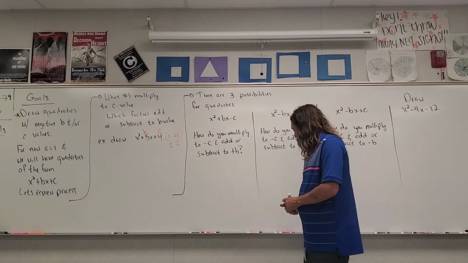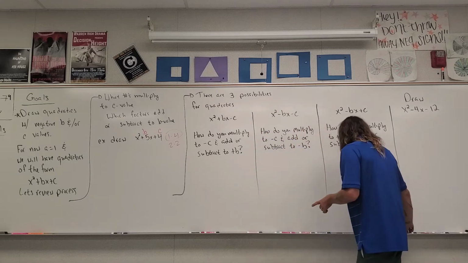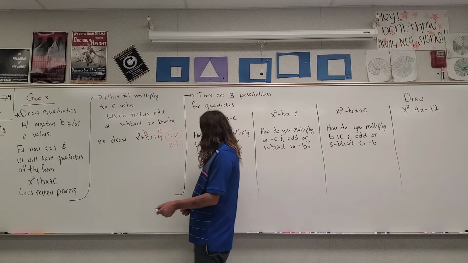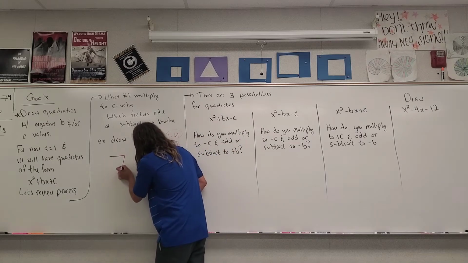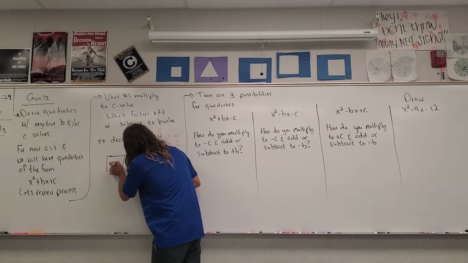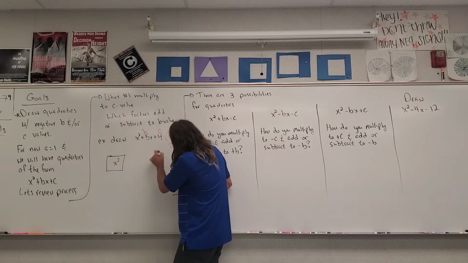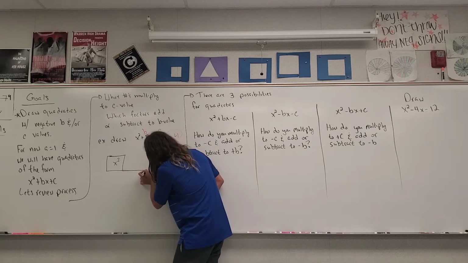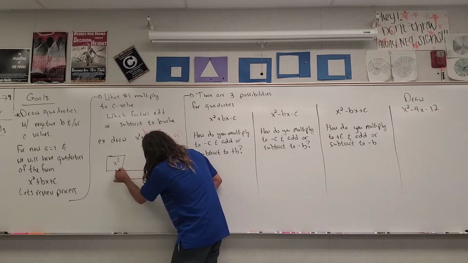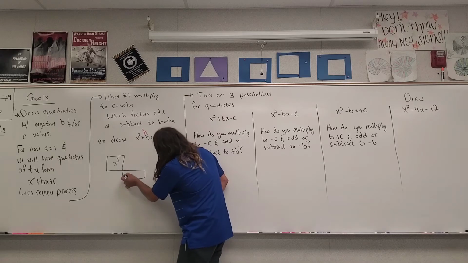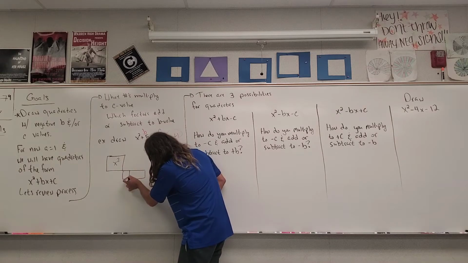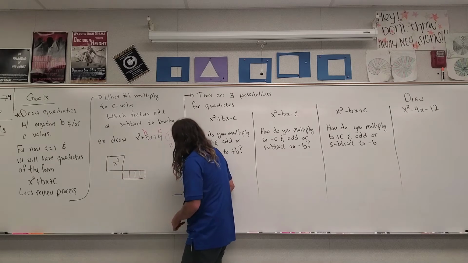So now we can draw our quadratic. Remember, we start off with x squared in the top left. I need a 1 by 4 that connects to the bottom right of my x squared. 1, 2, 3, 4. 1, 2, 3, 4. That's a 1 by 4.